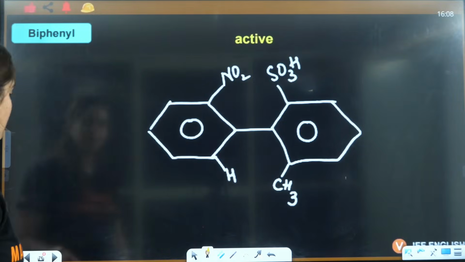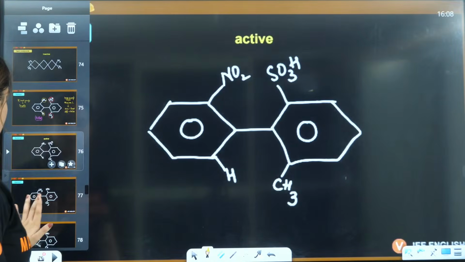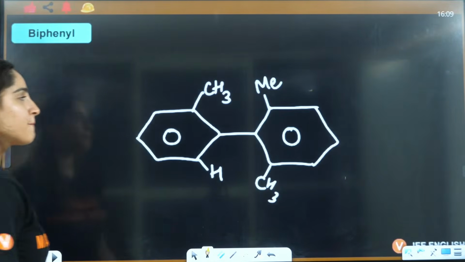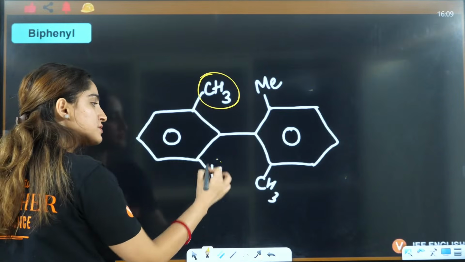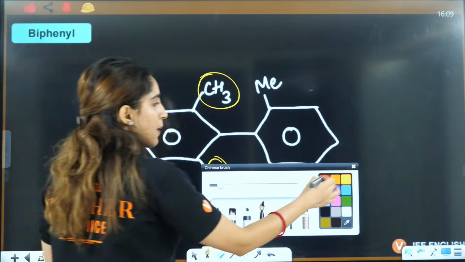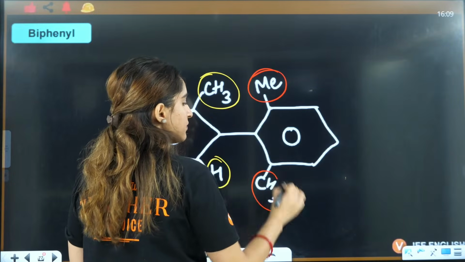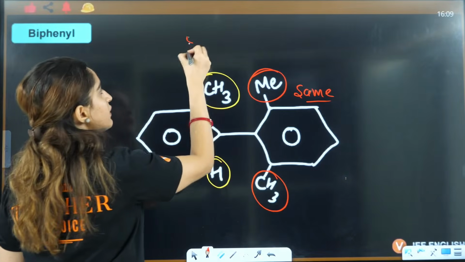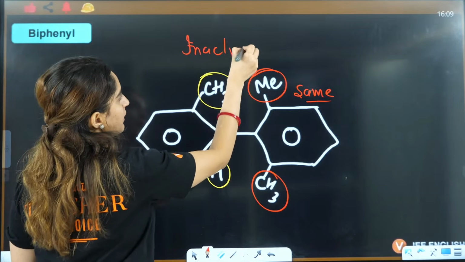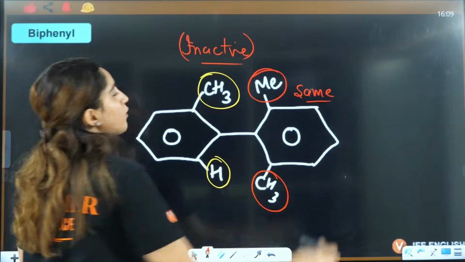Sleeping, is it? So next is this one. Big groups you have here. You have to see whether on the same side you have different substituents. This is different, but here you have the same. On this side you have the same. That means it will become an optically inactive compound.